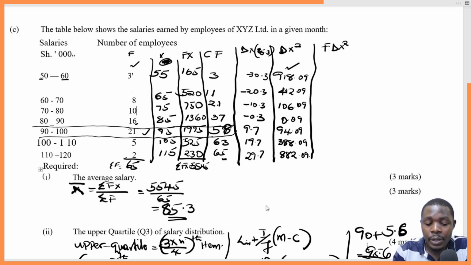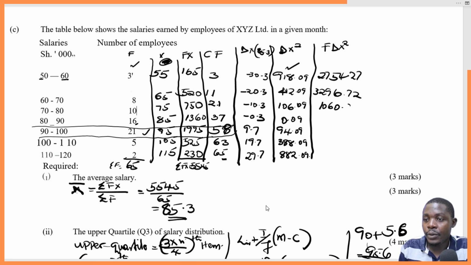The first one is 3 multiplied by 918.09, which is 2754.27. Then 8 multiplied by 412.09 gives 3296.72. Then 10 multiplied by 106.09 is 1060.9.